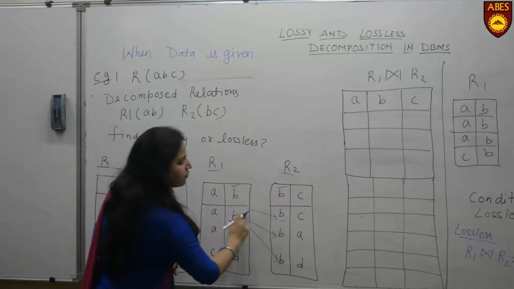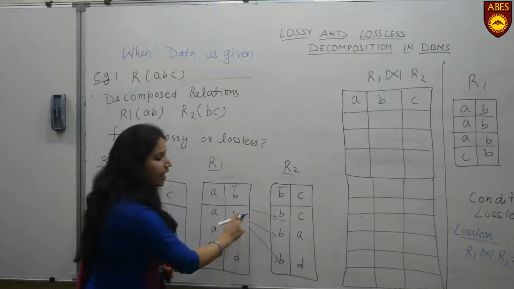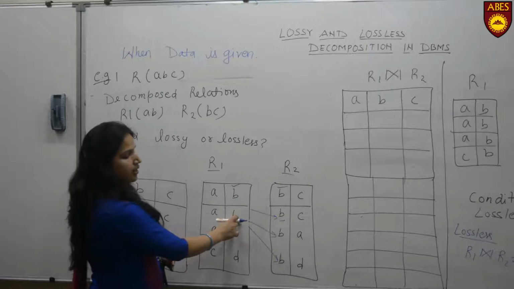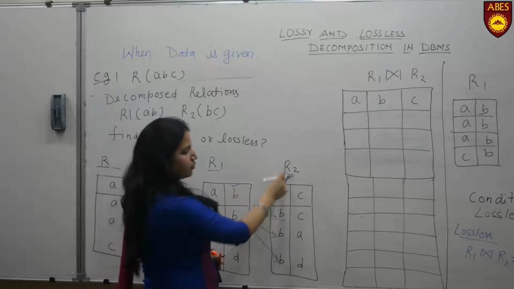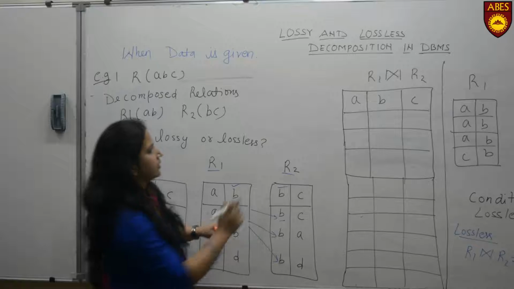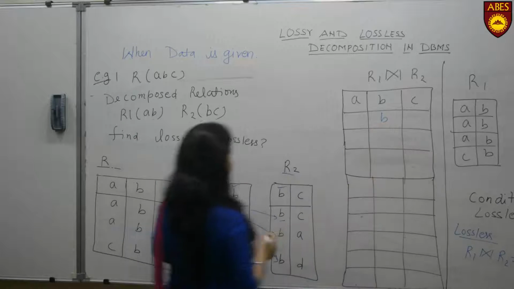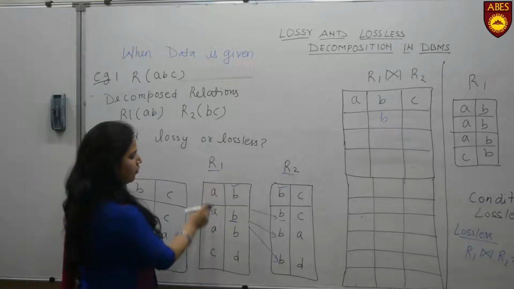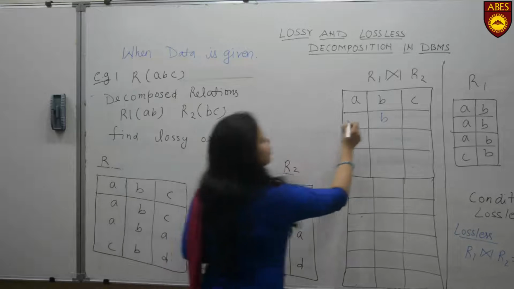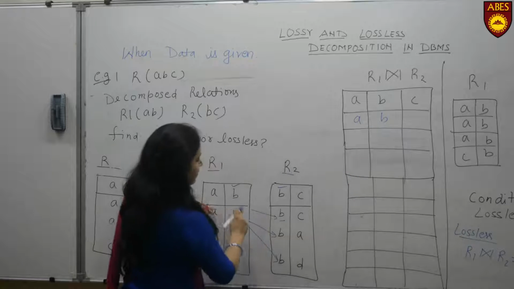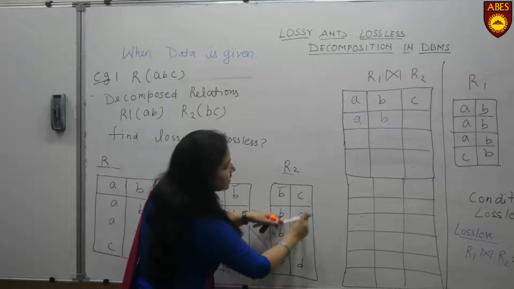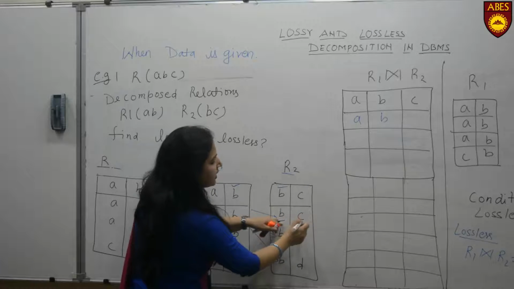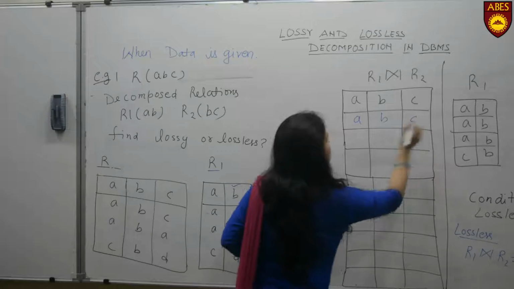The second attribute of R1 matches the first attribute of R2. So we will write like this, and corresponding to B, the first column of R1 is A. So we will put A here, and corresponding to B, the second column of R2 has C. So we will put C here.